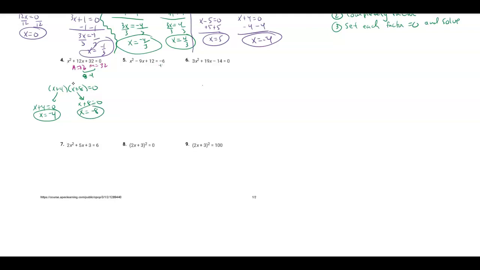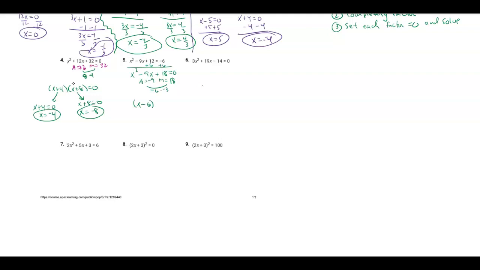All right. Now when you look at number 5, is this one set equal to 0? No. So our first goal here is to add 6 to both sides. So I get x squared minus 9x plus 18 equals 0. Now what numbers multiply to give me 18 and add up to give me negative 9? That would be negative 6 and negative 3.